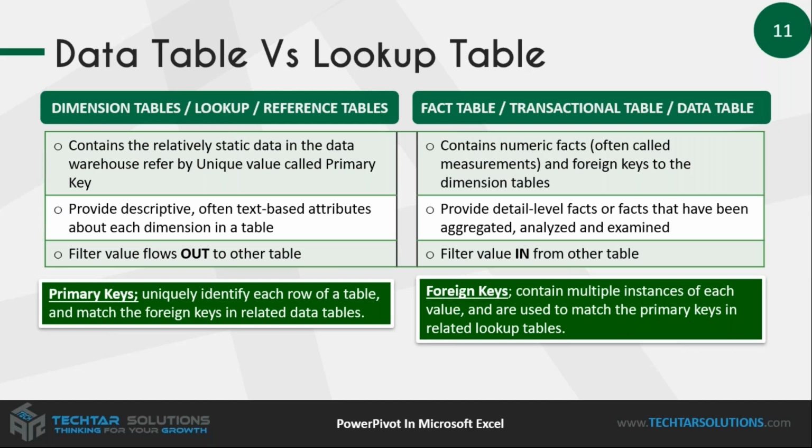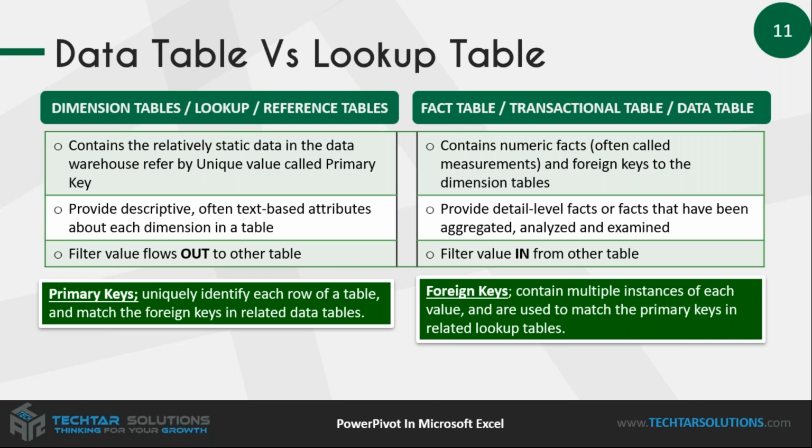So this information is static. Whereas in the data table, we record all the numerical facts: how many times Mr. John is coming, what product he is buying, at what price, which invoice we are issuing to him. All this information will be recorded in the data table, right?